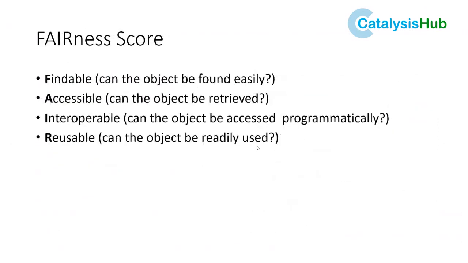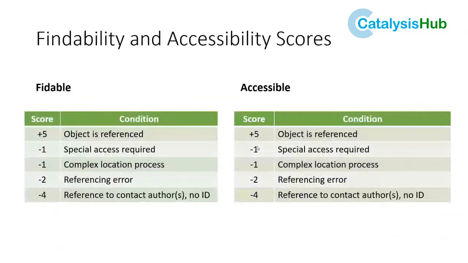But we wanted to see how FAIR is the data that's been shared. So we see that we have more than 300 data objects, but we don't know, are they all really as FAIR as possible, or can this be improved?